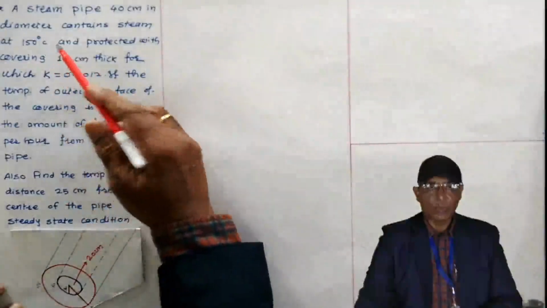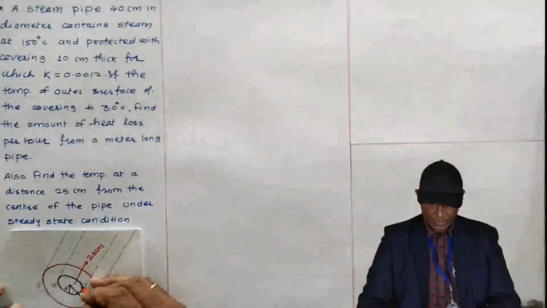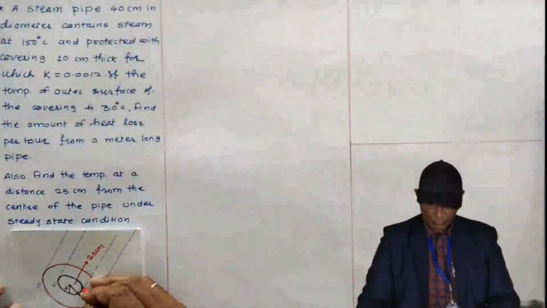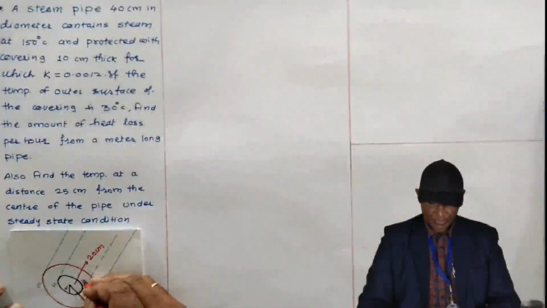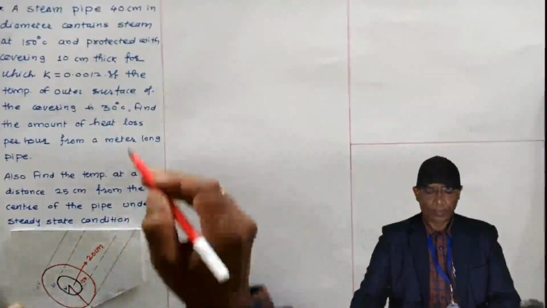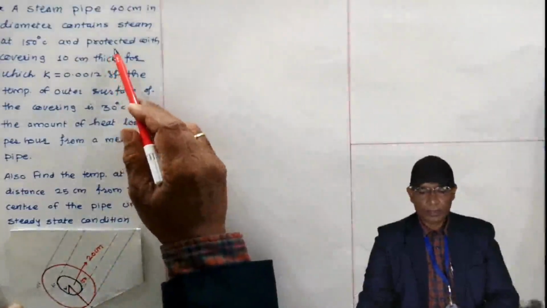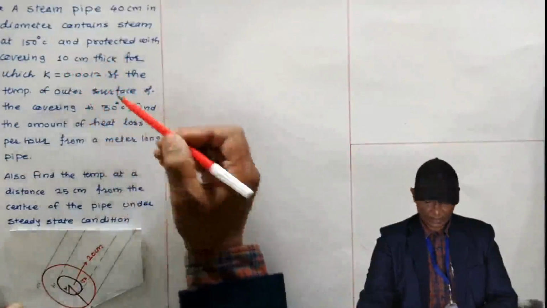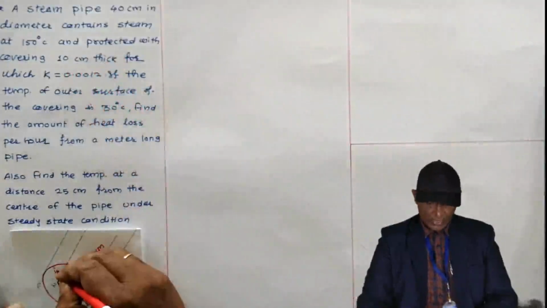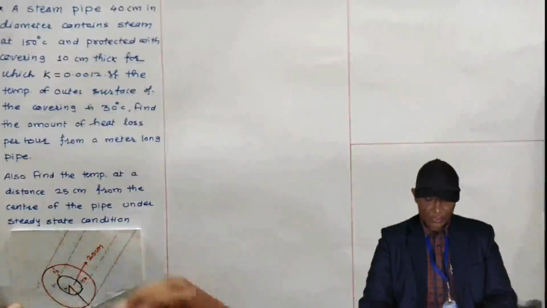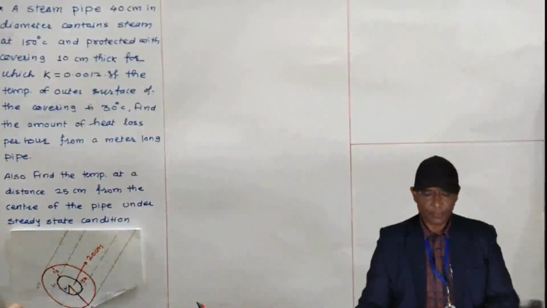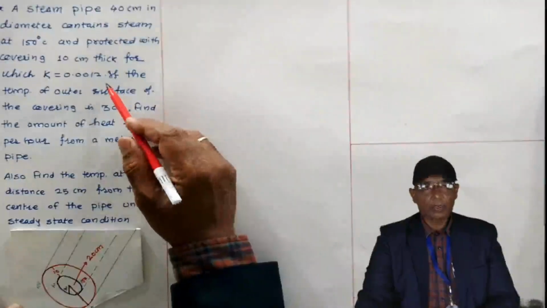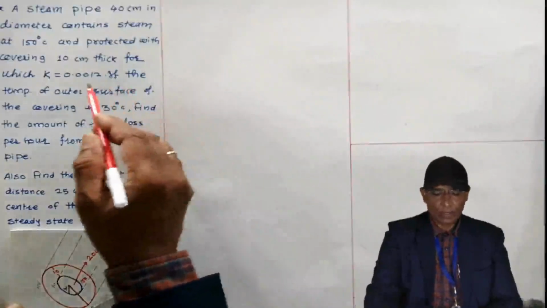The temperature of the pipe is 150 degrees. Here it is 150, and it is protected with a covering 10 centimeter thick. This covering is 10 centimeter, and the value of K is given.